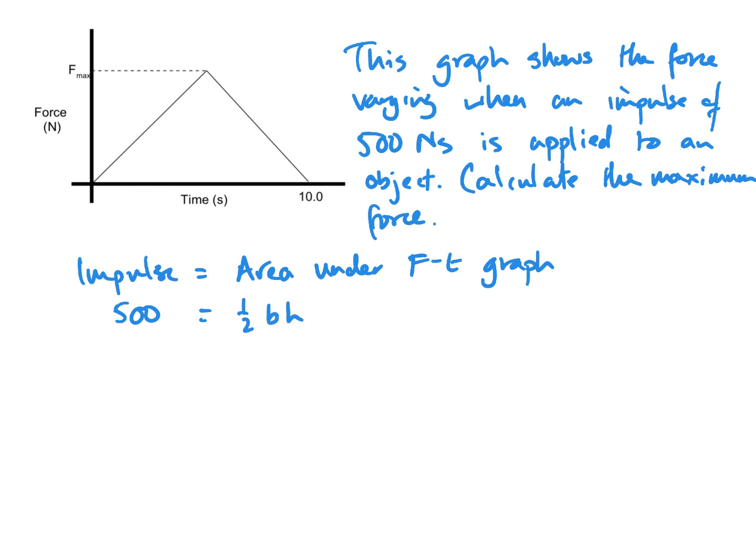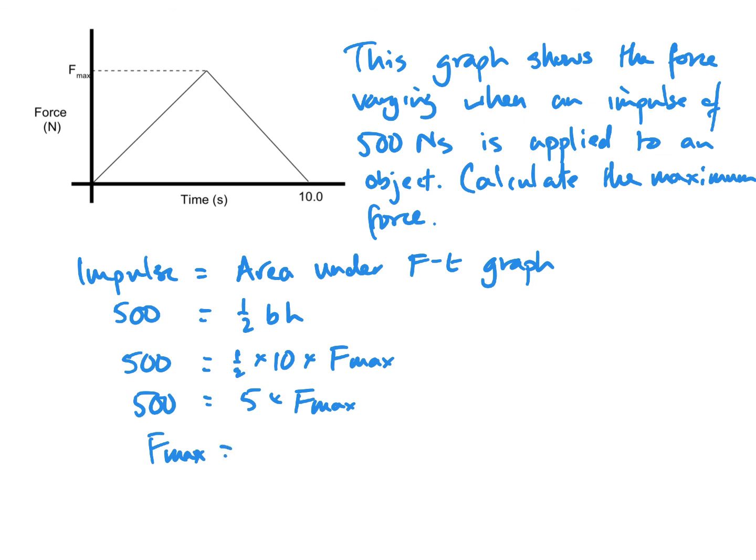It's not a right angle triangle, but it's still a triangle, so it's still a half base times the height, which is a half times 10, and our height is F max. 500 equals 5 times F max, and F max equals 100 newtons.